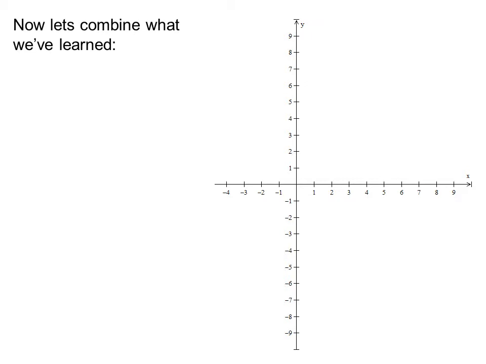Now let's combine what we've learned. This more complicated example is y equals -1/2 times the quantity x minus 3 squared minus 2. We see because we have -3 inside the parentheses that the graph has been moved right 3.